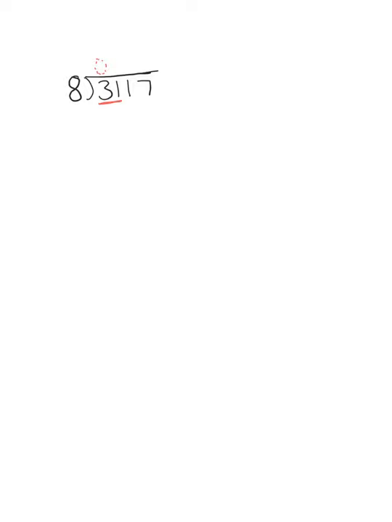Okay, so 8 goes into 3100s 3 times. We've used 24, leaving us with 700s, and we can't make another group. We bring down our 1. Now we're dealing with 71 tens. 8 goes into 71 tens 8 times.